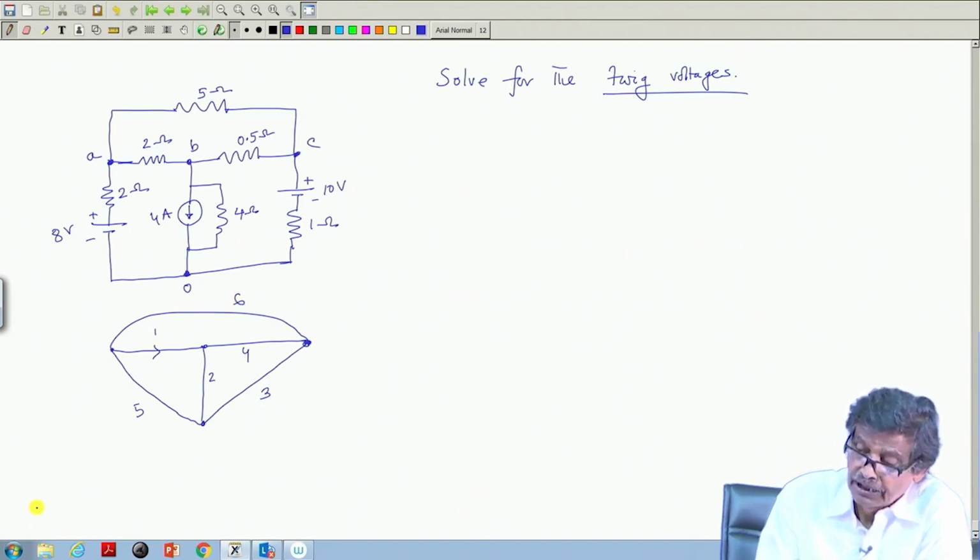So, element names are also different from before. Arbitrarily once again the graph has been drawn. I name the elements arbitrarily, do not worry. So, 1, 2, 3, 4, 5, 6.